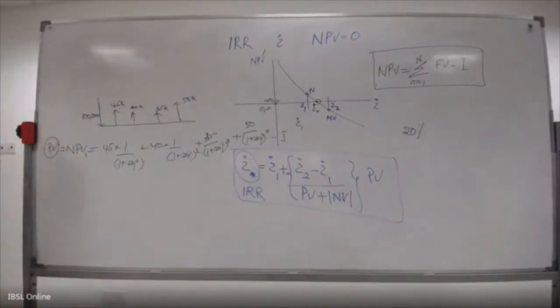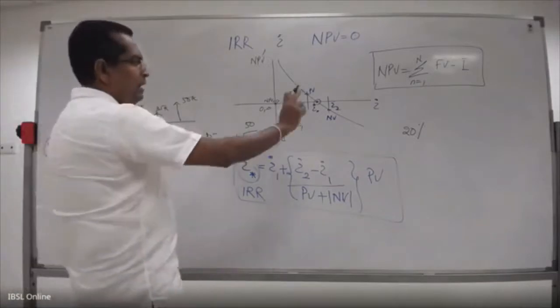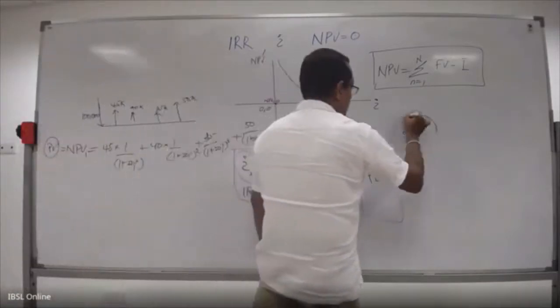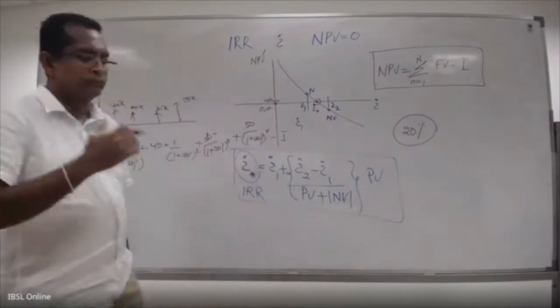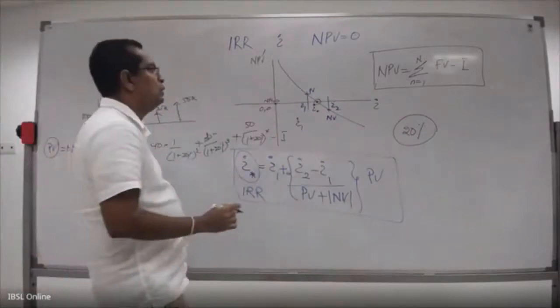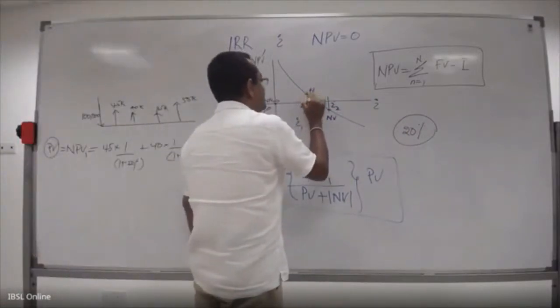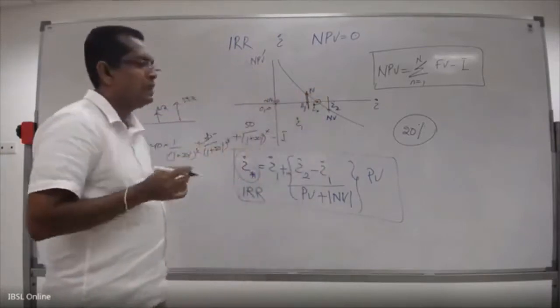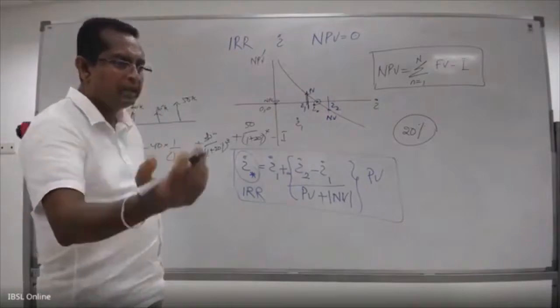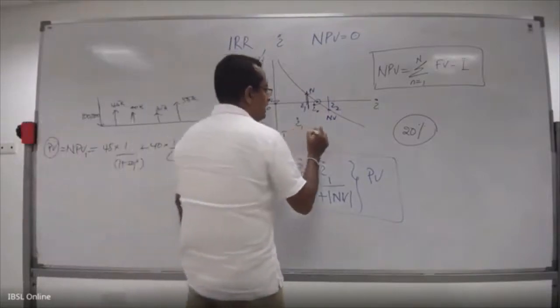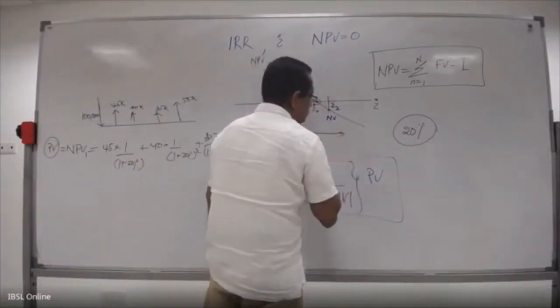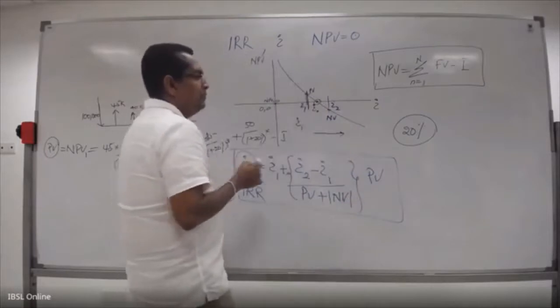When we insert 20, if you get a positive value, that means you have reached this point. Now you want to achieve a negative value. That means the interest rate you use has to be increased. Now you use 30.